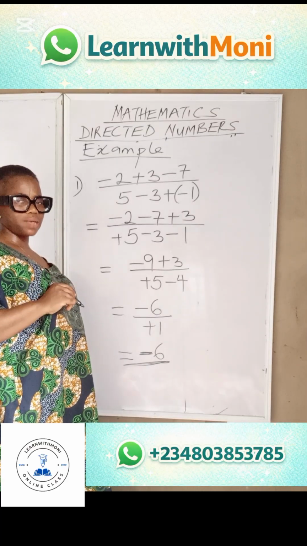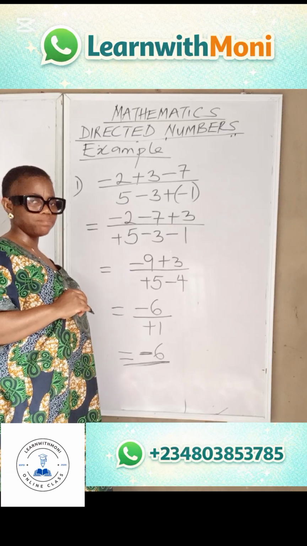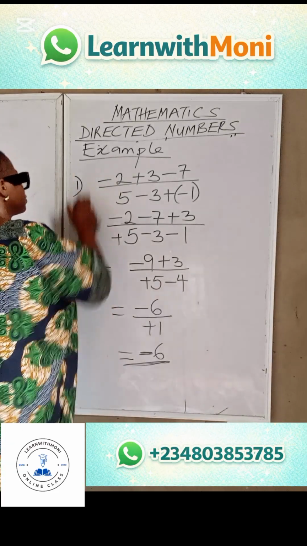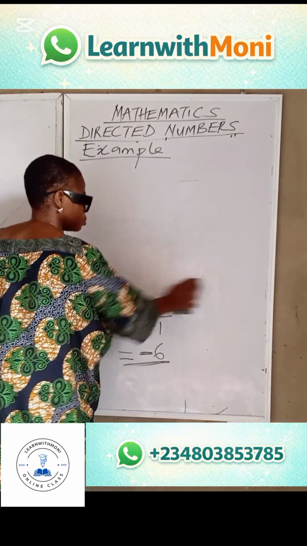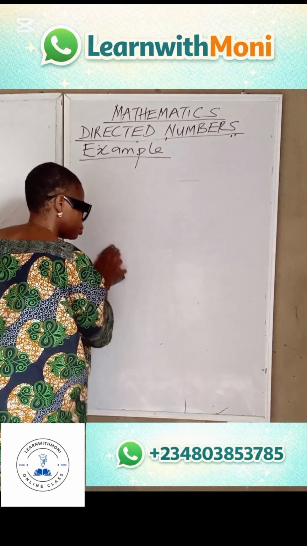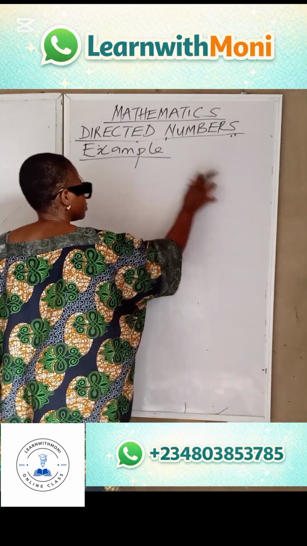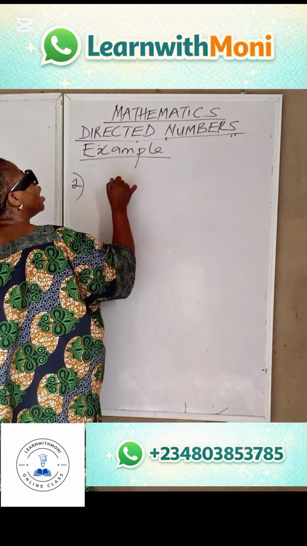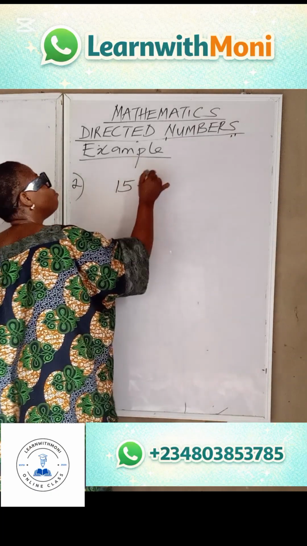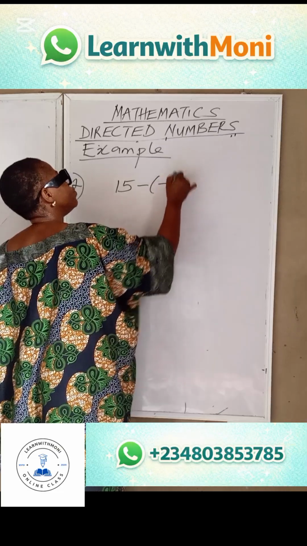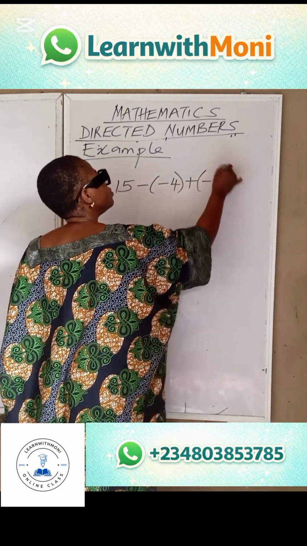I'll take one more example that looks like this to help you drive home the lesson better. I have 15 minus into minus 4 plus into minus 3.